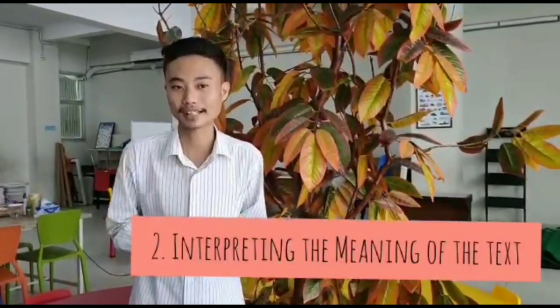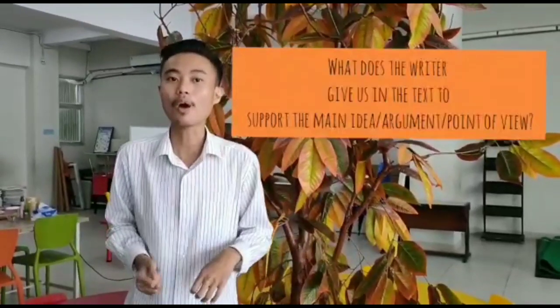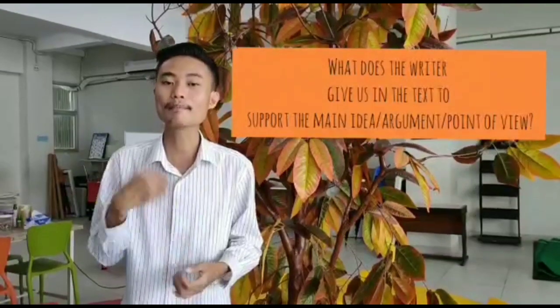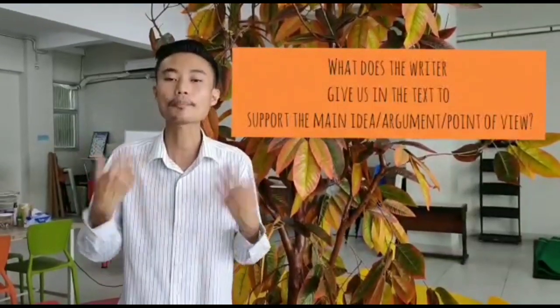The second element in academic reading is interpreting the meaning of the text. There are some questions that you can use when you read to interpret the meaning of the text. The first one, what does the writer give us in the text to support the main idea, argument, or point of view?